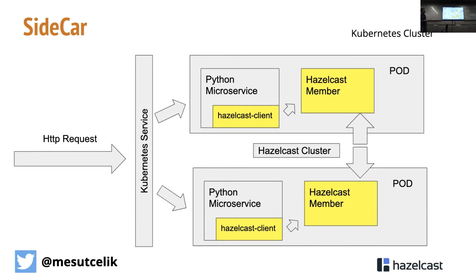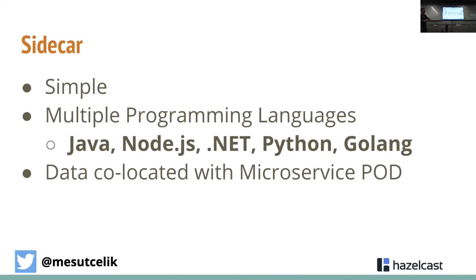Other than that, all is the same as embedded, and you can use this one too. And the advantage is you can use multiple programming languages: Java, Node.js, .NET, Python, Golang. Hazelcast has client libraries for all those programming languages, so you can use them.